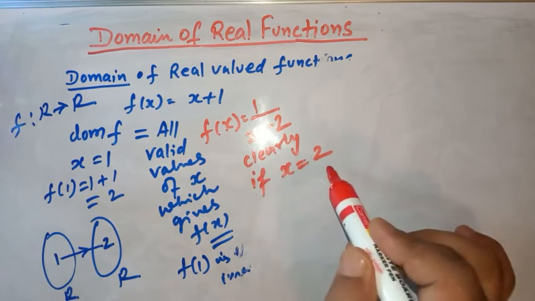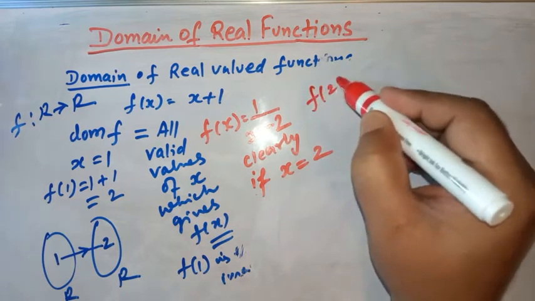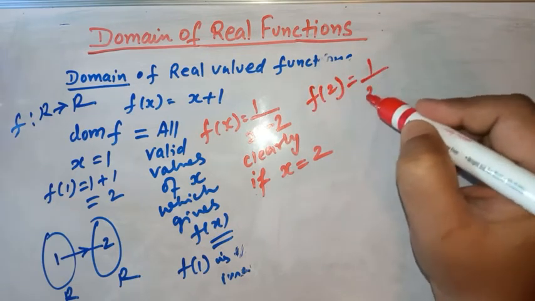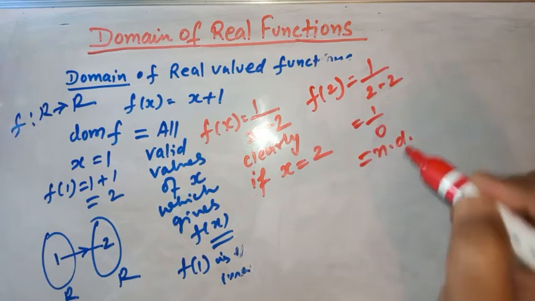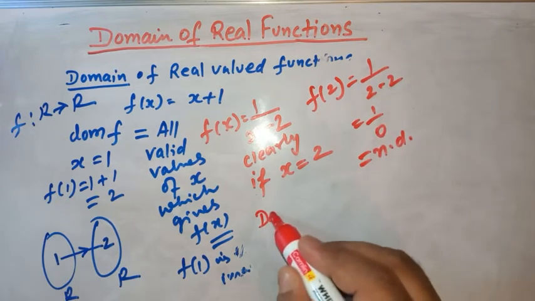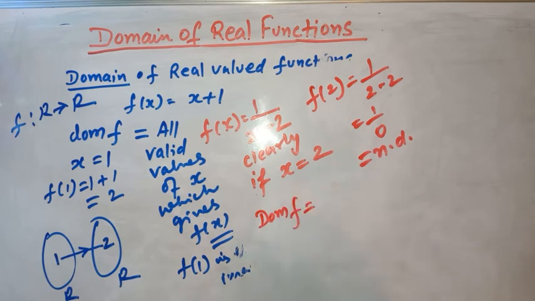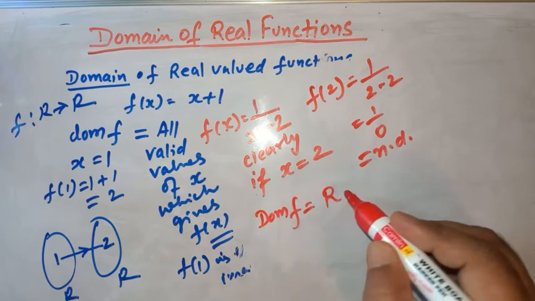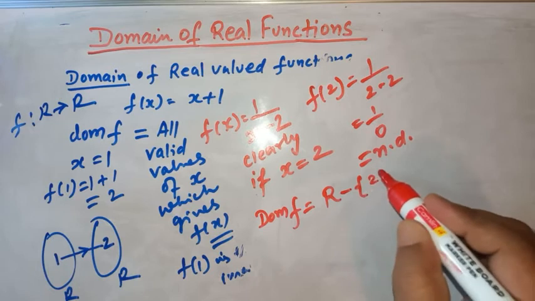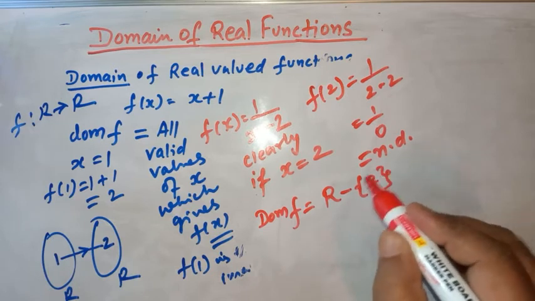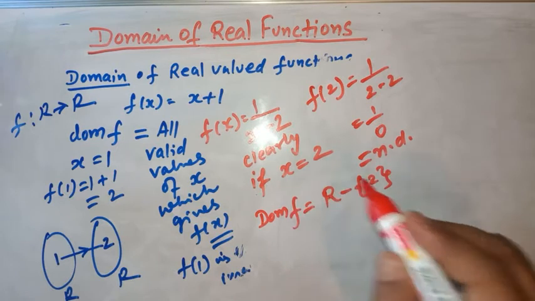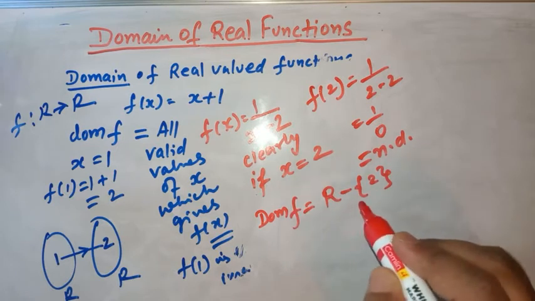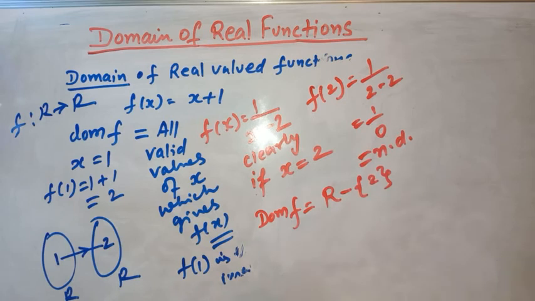If x is equal to 2, f(2) becomes 1 over 2 minus 2, that is 1 over 0, which is not defined. So the domain of f is R minus {2}. We'll exclude the value x equal to 2 from the set of real numbers. Clear? So this is the meaning of domain.